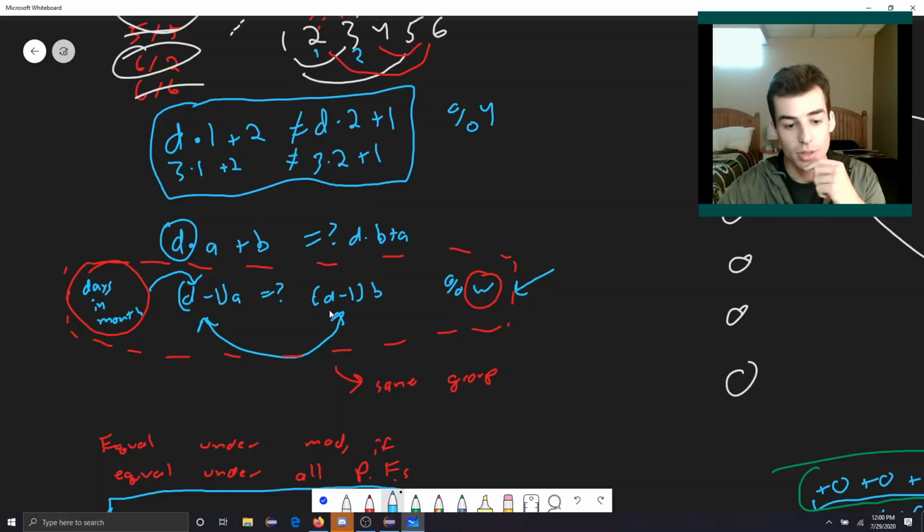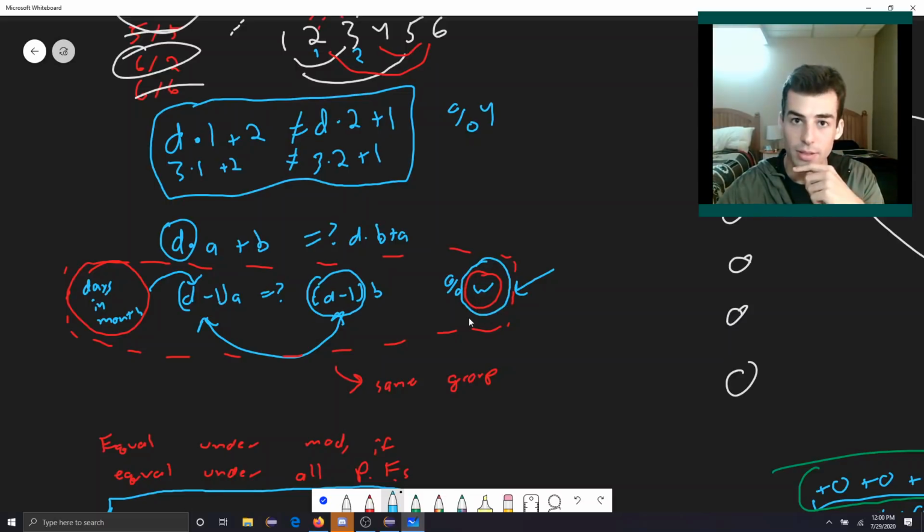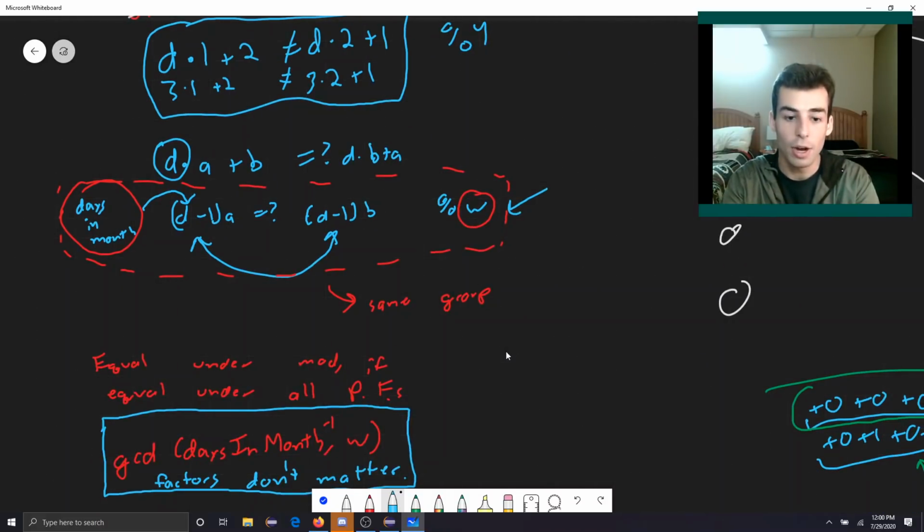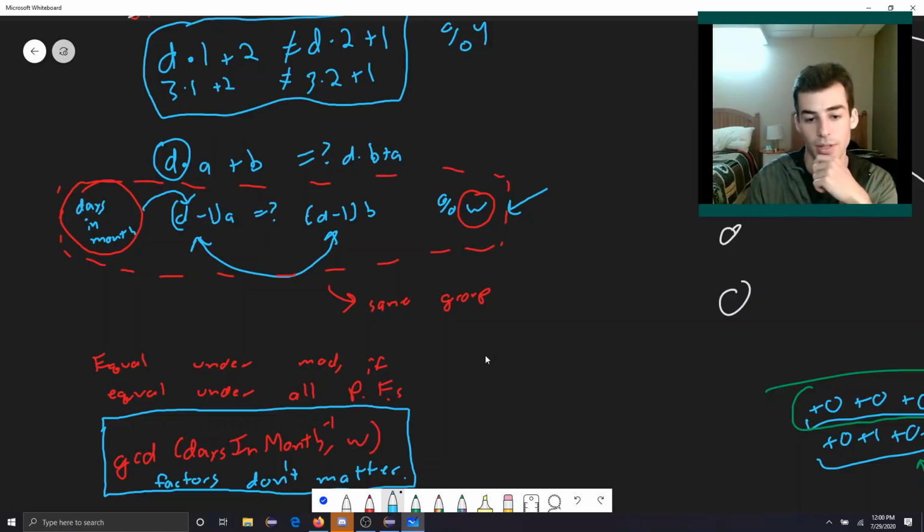So let's slow down for a minute. 2 numbers under a mod are going to be the same only if they're the same modulo all prime factors of that mod. So let's look at some 2 numbers mod 6. So 5 mod 6 and 3 mod 6.